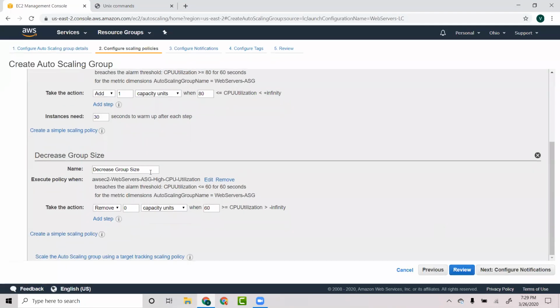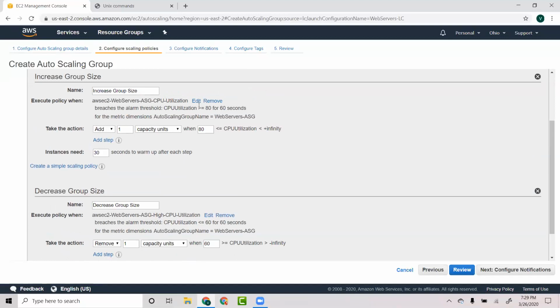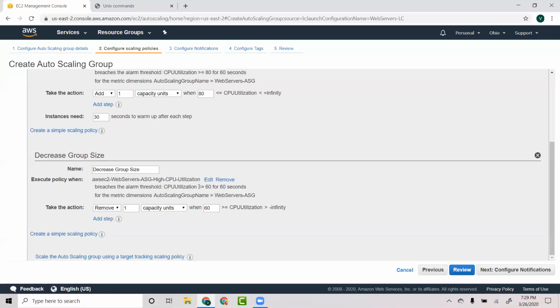So if it's less than 60 for 60 seconds, remove 1 instance; if it's greater than 80 for 60 seconds, you are adding. So I'm scaling between these two. Understand? If CPU utilization goes greater than or equal to 80%, then add 1 EC2 instance. If it goes less than or equal to 60%, then remove 1 capacity unit. Make sense, guys?